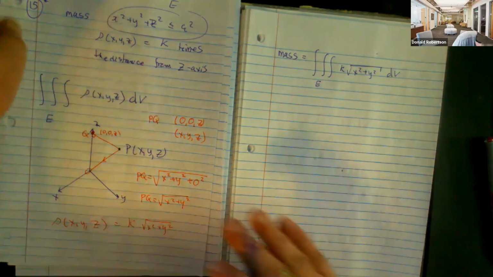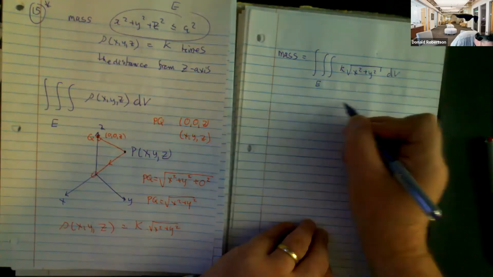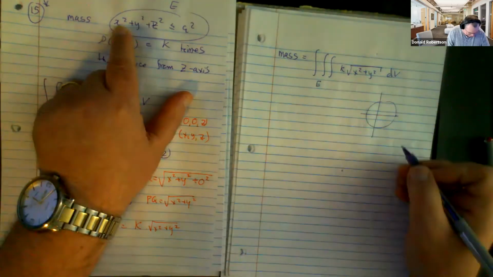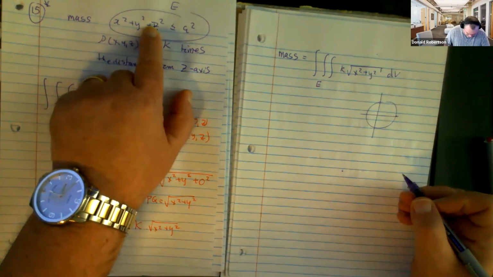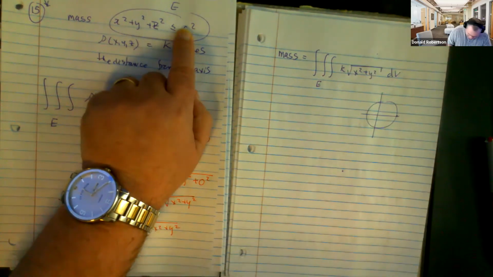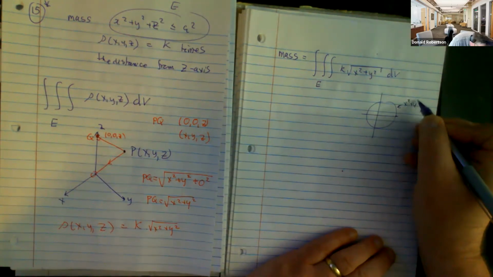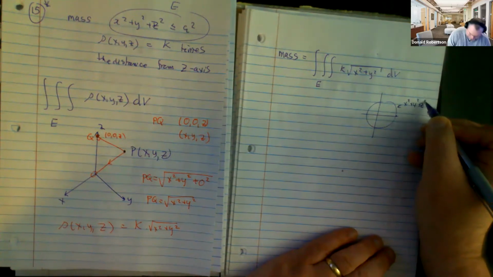Now, if you are talking about a sphere, when you tell me x squared plus y squared plus z squared is less than or equal to a squared, you're just talking about the inside of the sphere. The surface of the sphere is x squared plus y squared plus z squared equals a squared.